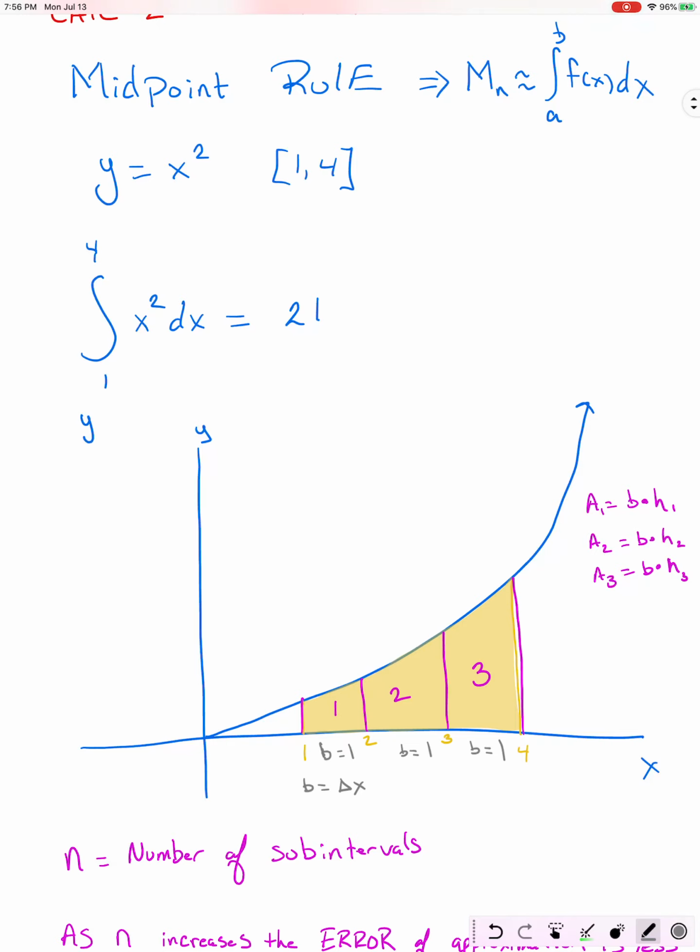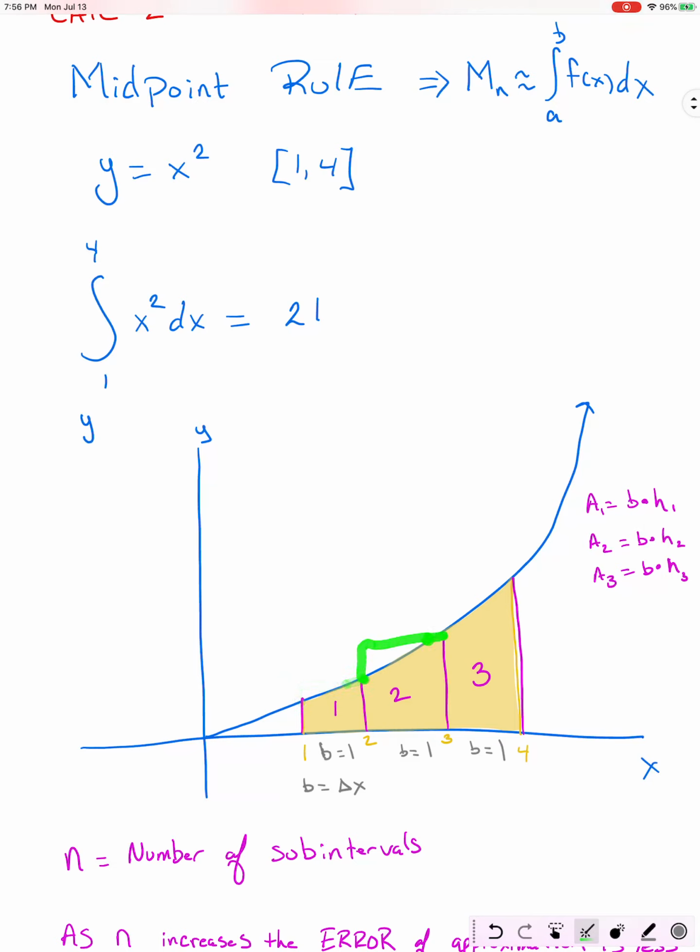And then the height of my rectangles. Well, I have lots of places to choose from on where I want to approximate the height of this rectangle. Do I want to do it at the beginning? Do I want to do it at the end? Or do I want to do it someplace along the curve, say here?